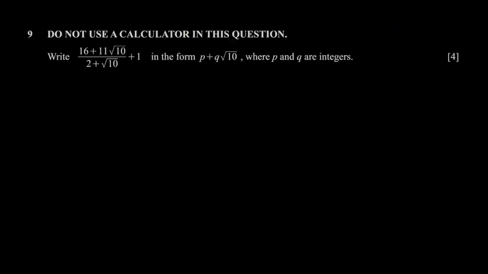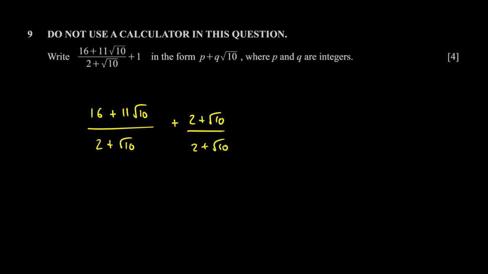Okay, question 9. We want to write this thing here in the form of p plus q root 10. Okay, so I think what I'm going to do is start by combining these terms into one fraction, which means I need to give this one the same denominator as 2 plus root 10. So I'm going to rewrite this as 16 plus 11 root 10 over 2 plus root 10 plus 2 plus root 10 over 2 plus root 10, right?